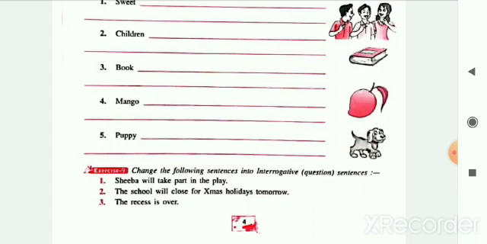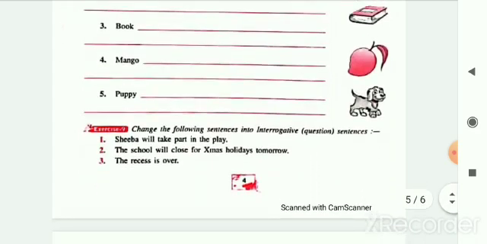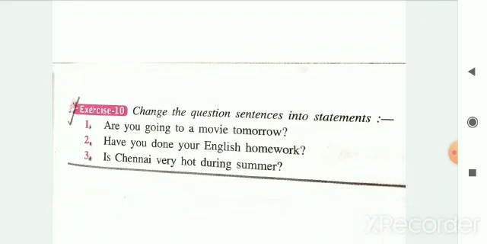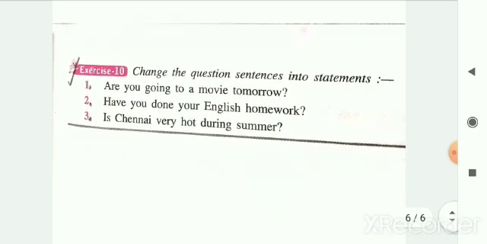Then you have exercise 9, where you have to change the sentences into interrogative. Interrogative means asking a question. Let me do the third one. The recess is over. How will you ask a question? Is the recess over? And put a question mark. Exercise 10 also. Here questions are asked.